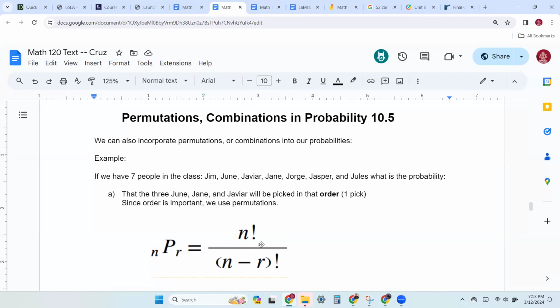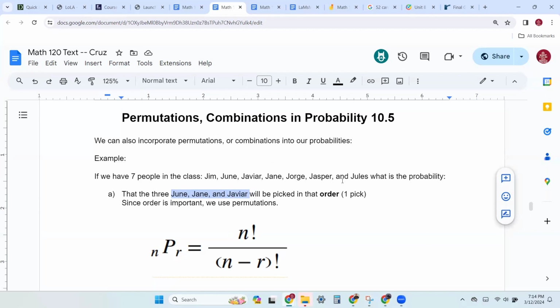We can see here, hopefully, there's only one pick that we've got to worry about, and that is picking the 3: June, Jane, and Javier will be picked in that order. Now that's just one order, one pick.